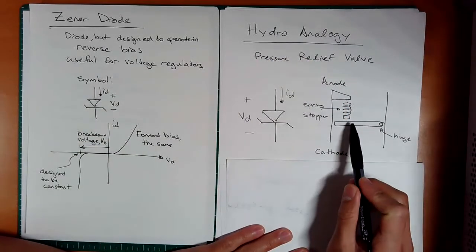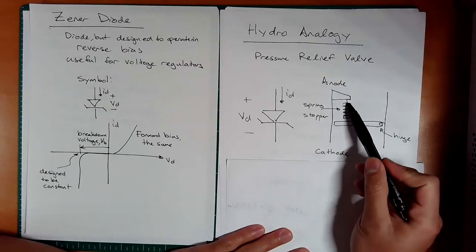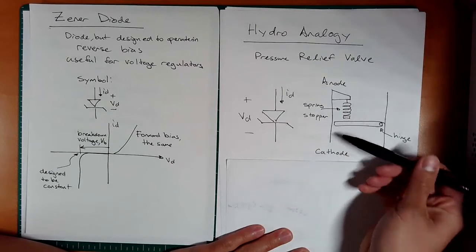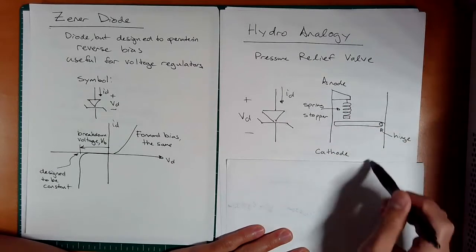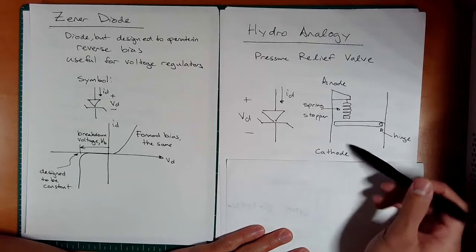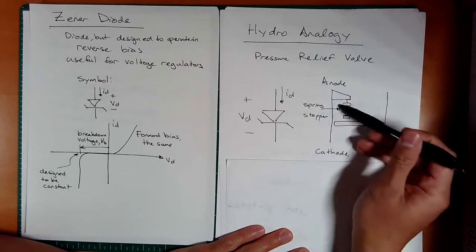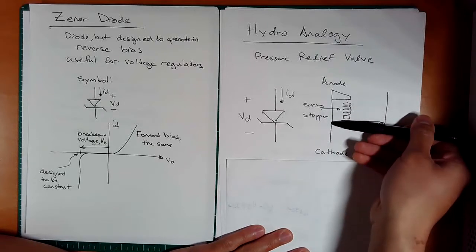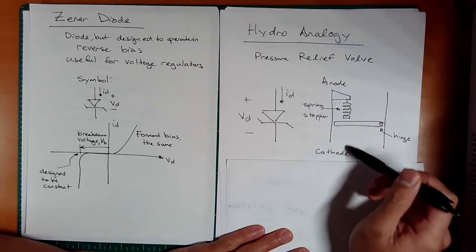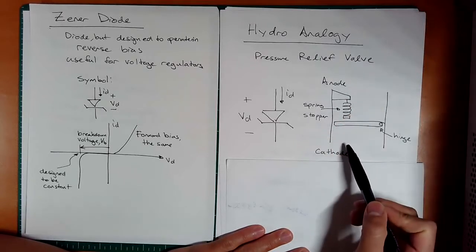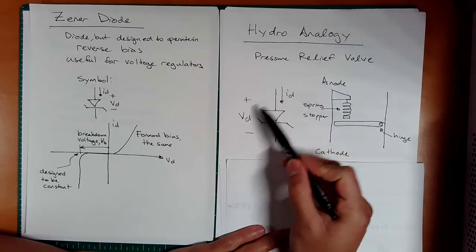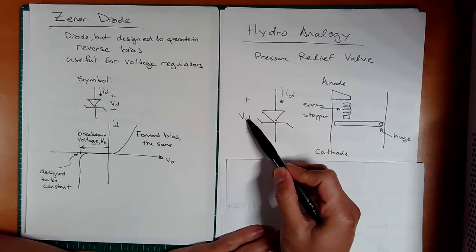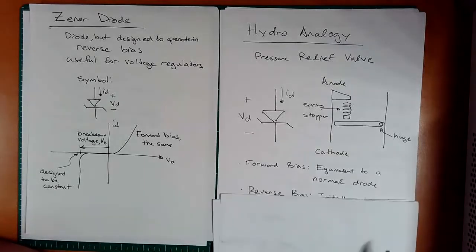The difference between this and the diode is that I have the spring-loaded stopper. If you can imagine, if I had pressure here on the cathode side, this spring-loaded stopper will hold it, and eventually will let go and allow current to flow in the reverse direction. So ID would be negative if VD is a large enough negative value.